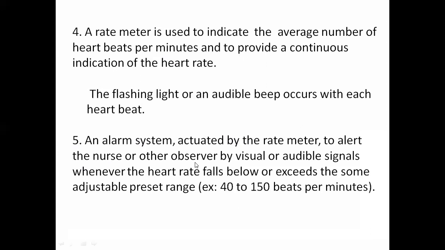Depending upon that, it will provide signals in the form of alarms. The alarms may be visible or audible signals, which should be identified by an observer or nurse. The nurse observing that patient, or some observer, will identify them.